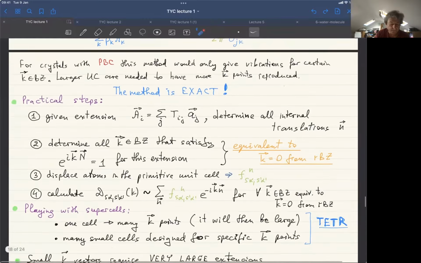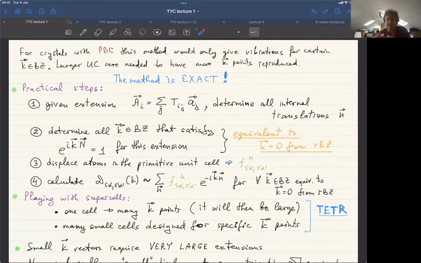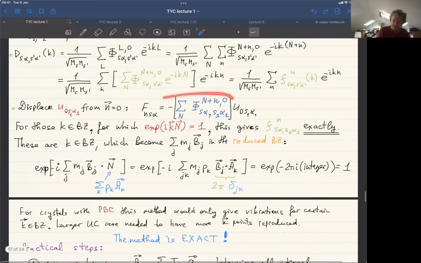Apart from numerically calculating these displacements, of course, the force is not only this. When you do a displacement, there will be other terms as well.